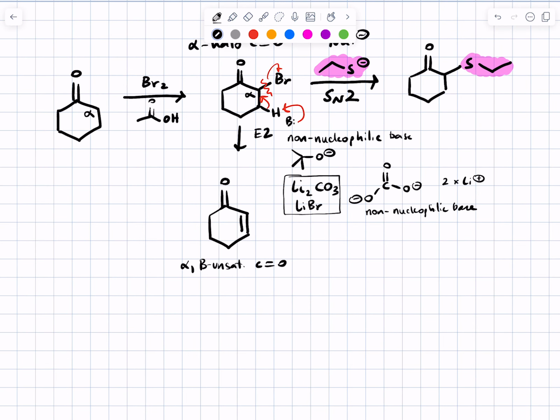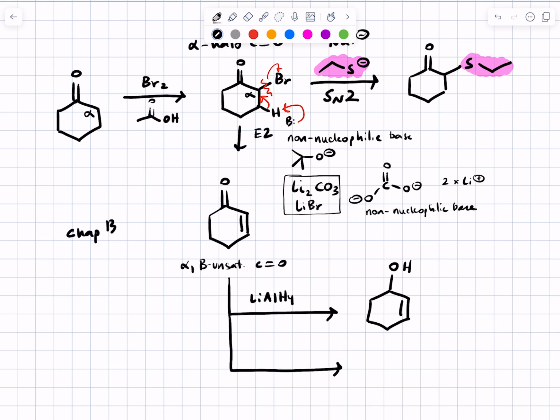Just to review, in chapter 13, we learned that if you take this molecule and react it with lithium aluminum hydride, you can reduce the ketone to an alcohol without messing with the double bond.